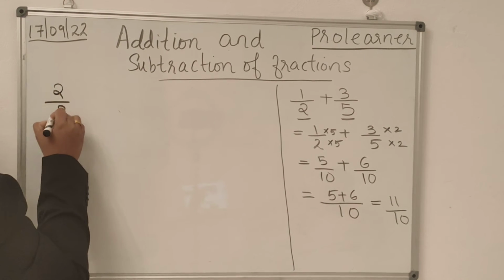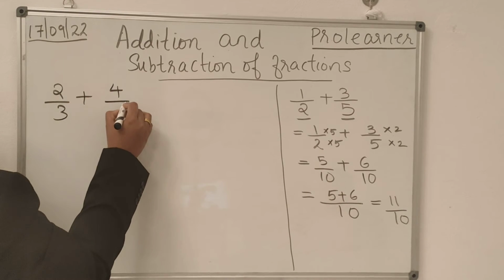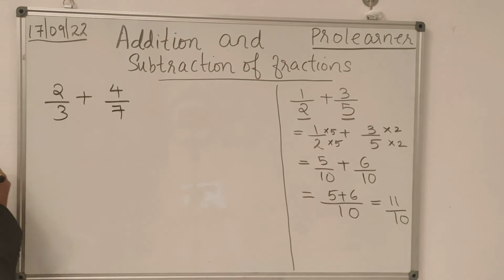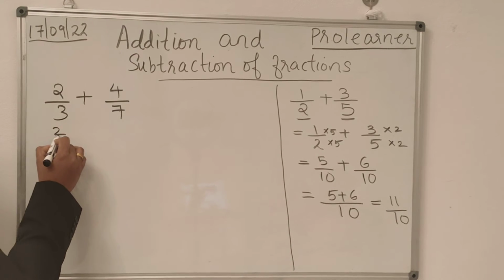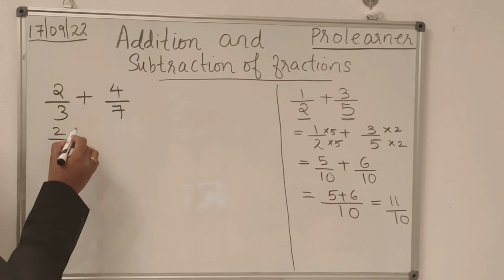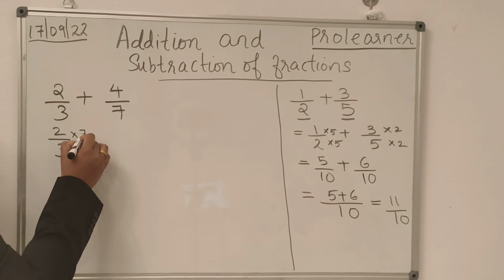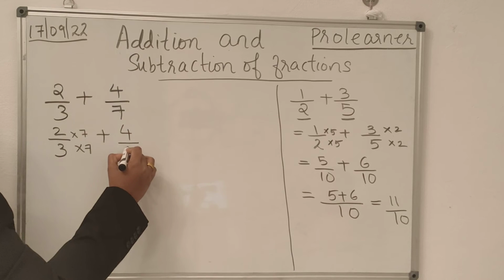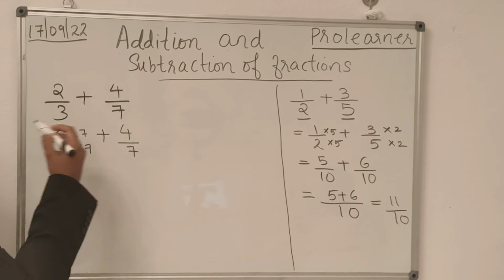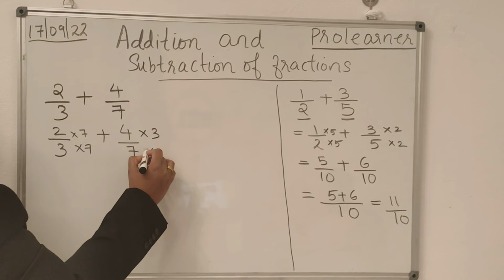Now we can see one more example. 2 over 3 plus 4 over 7. How will you do this? We need to make the denominator the same, right? So we will multiply the first fraction with the denominator of the second, that is 7. Then plus, for this fraction, we will multiply the denominator of the first fraction, that is 3. Correct?